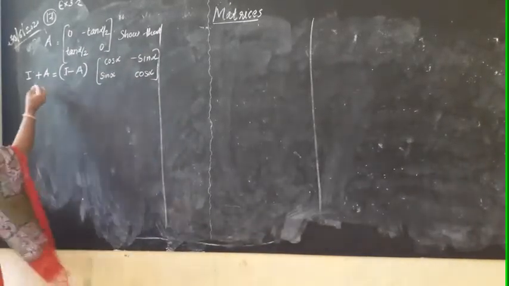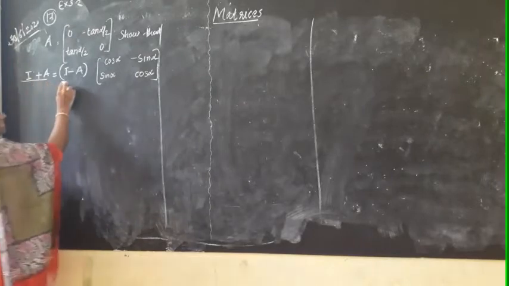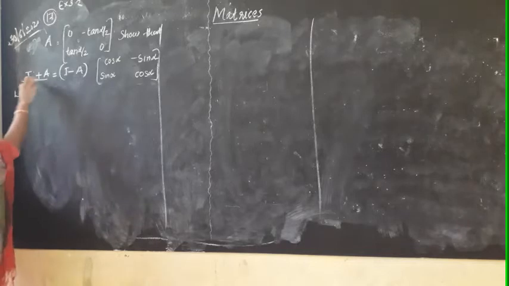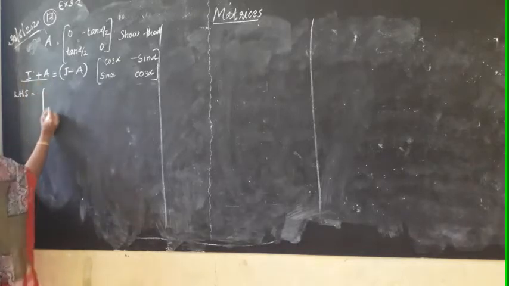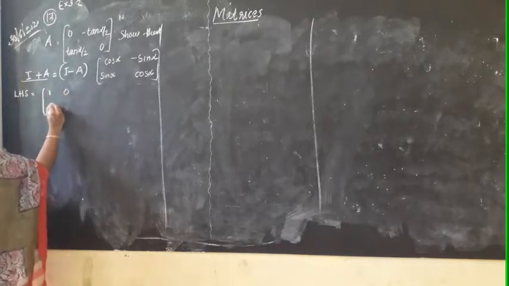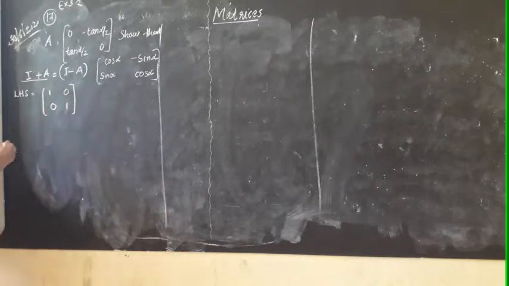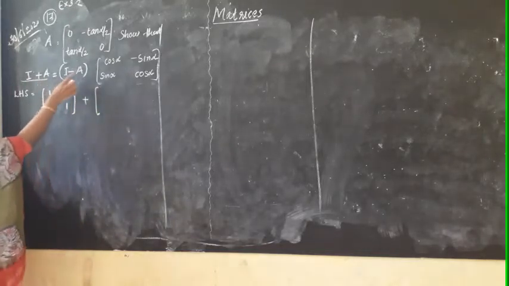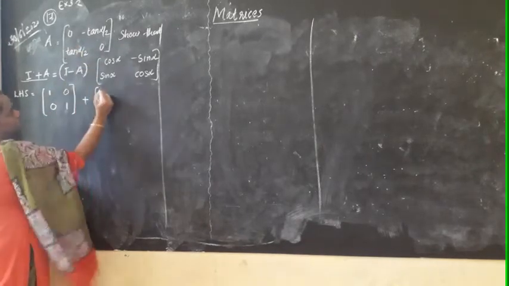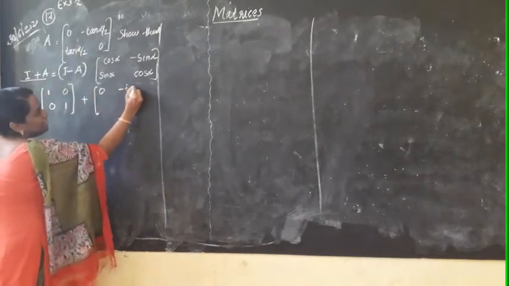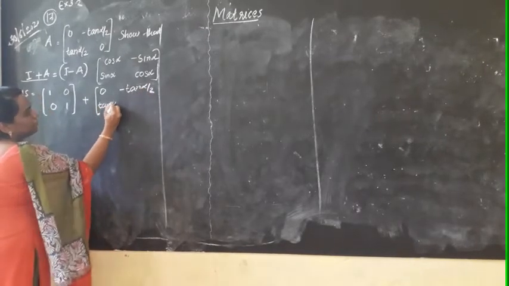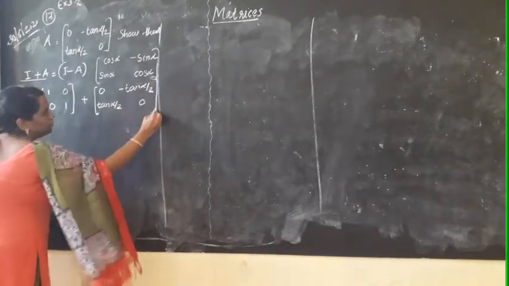So in this question we can have LHS and RHS. Then LHS is I plus A. I, what is I? 1 0 0 1. I plus A. What is A here? A is equal to 0, minus tan alpha by 2, tan alpha by 2, 0.